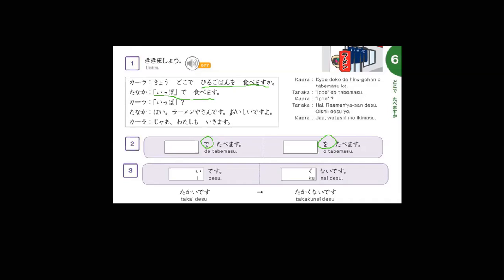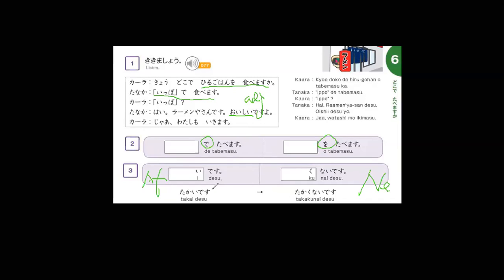And here, 美味しいですよ, delicious. It's an adjective in Japanese. So when we find some word ending with い, it may be an adjective in Japanese. 美味しいです。This is the affirmative, and this is the negative.